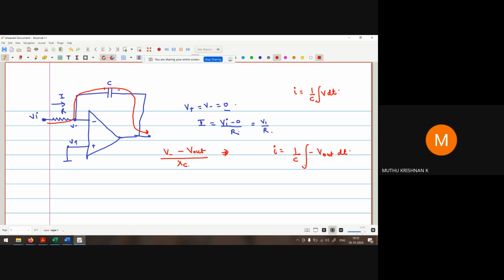Sir, here are the I and V interchanged? I mean, V equals 1 by C integral of I dt, right?